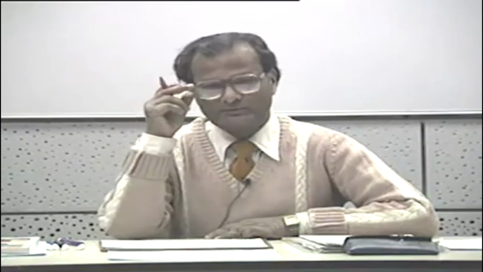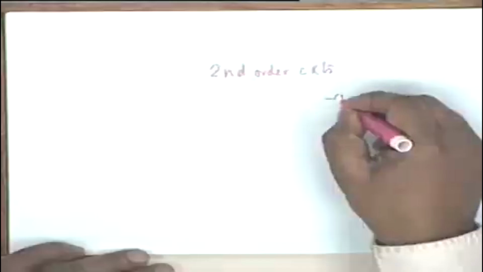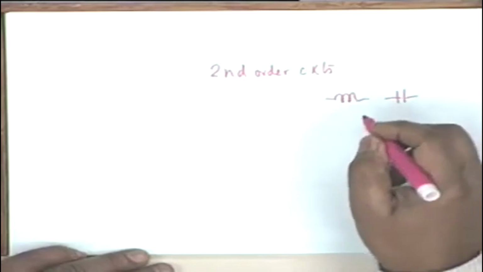If it is more than one element of the same kind, that is two inductors for example, they should be non-trivially connected. If they are trivially connected, then it becomes a first order circuit. So this must be remembered. If there are two different kinds of elements, one inductor and one capacitor, then there is no problem.